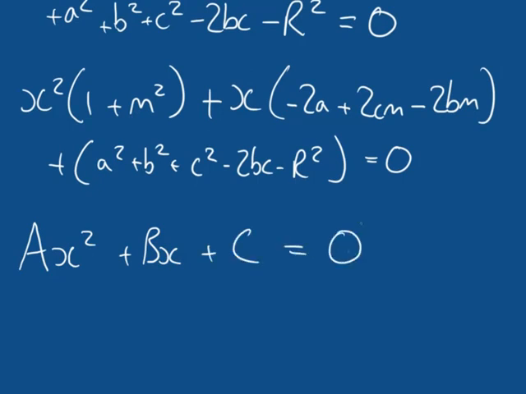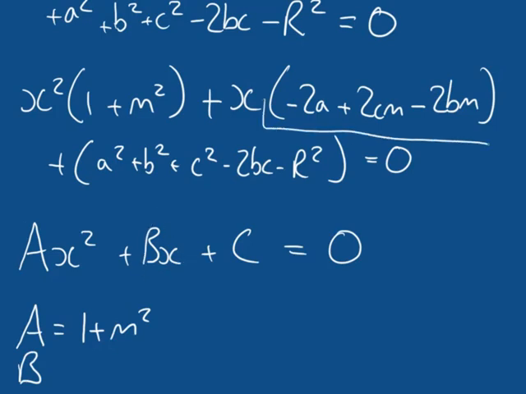Now, I've used capital A, B, C just to distinguish from the lowercase a, b, c we already have in our equation, but you notice we have A times x squared, where A is going to be this bracket here. So A is equal to 1 plus m squared. We have B times x, where B is going to be equal to this bracket here.